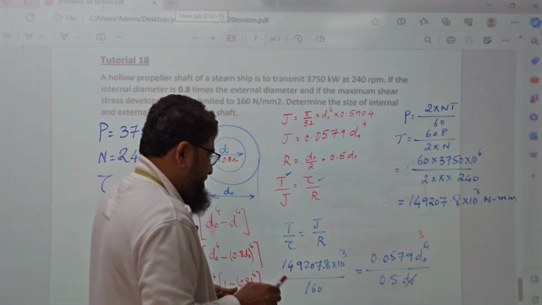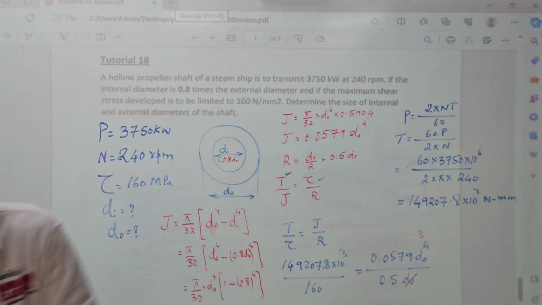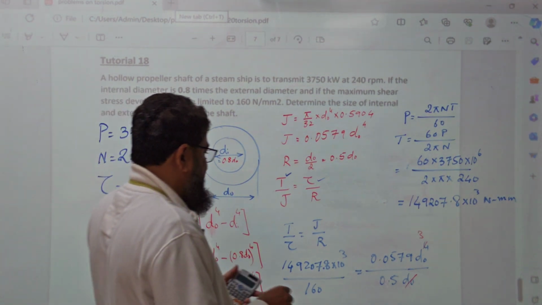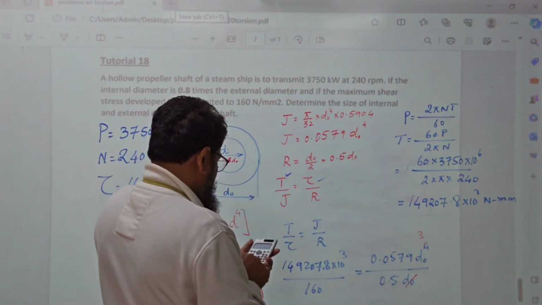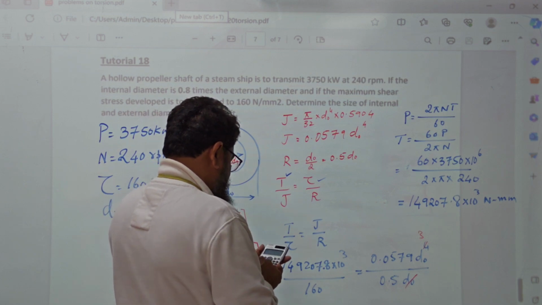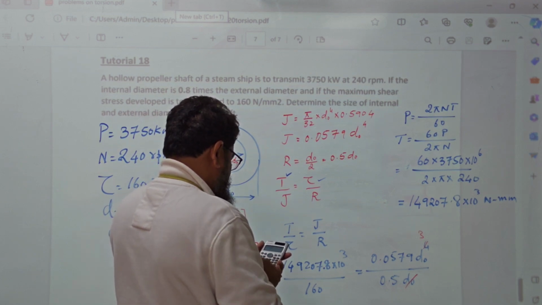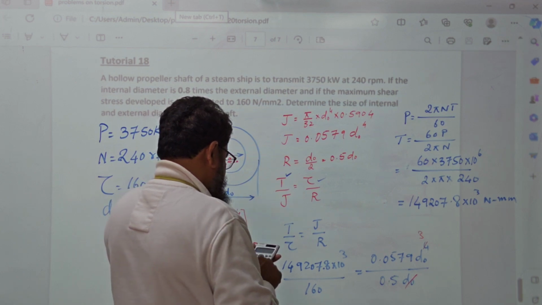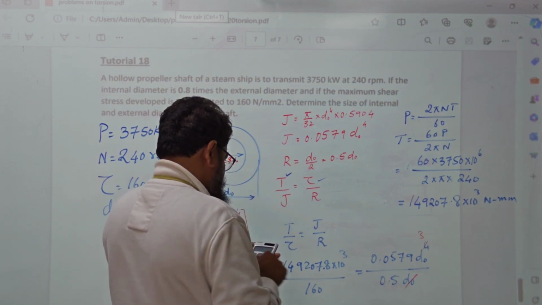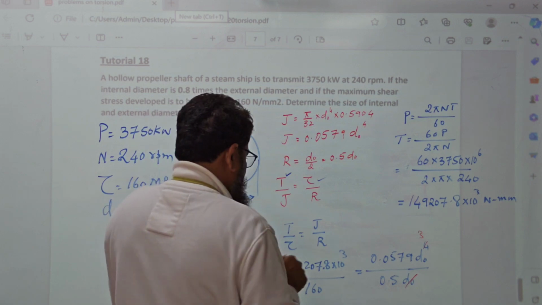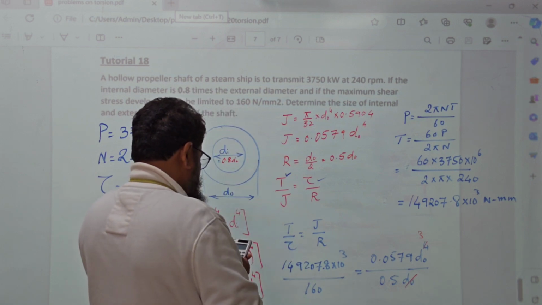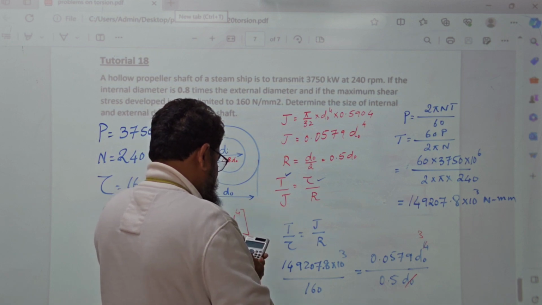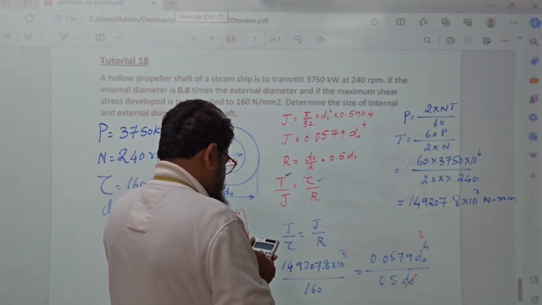So now let us just make the multiplication and find the value of D naught. This will be how much? Let me just see. 149,207.8 multiplied by 10 to the power of 3 divided by 160. Okay, I have got this answer, multiplied by 0.5 divided by 0.0579.